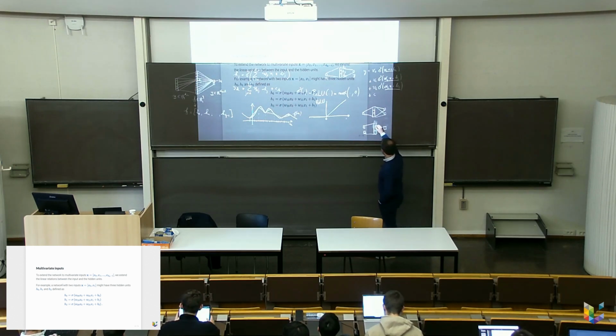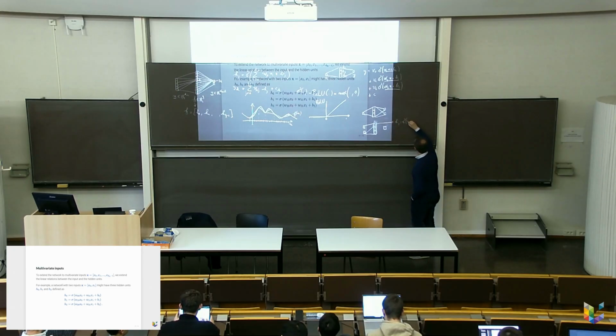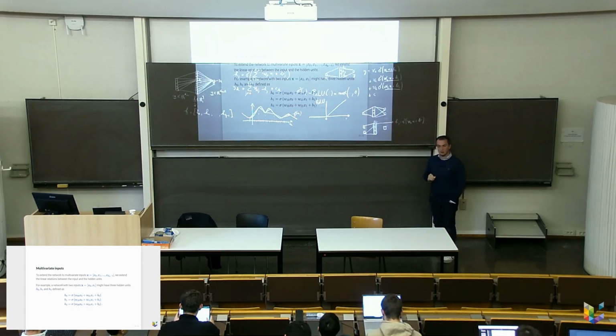So what will change is how this hidden unit is computed. Before, what we had was that h_j was the activation function of w0 x plus b, in the case of a single input. Now if we have multiple inputs, we just consider all of them.